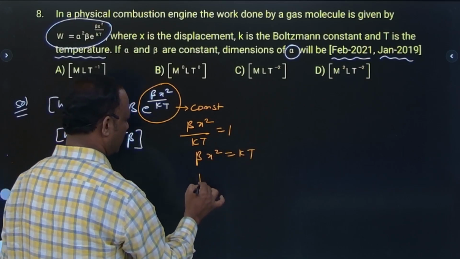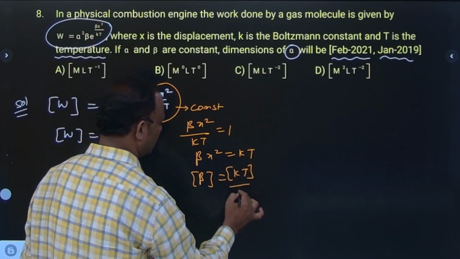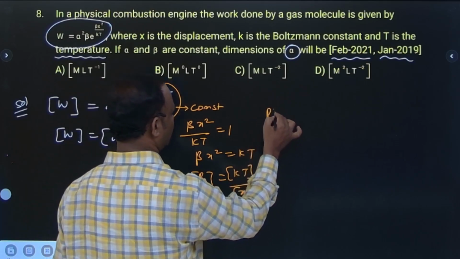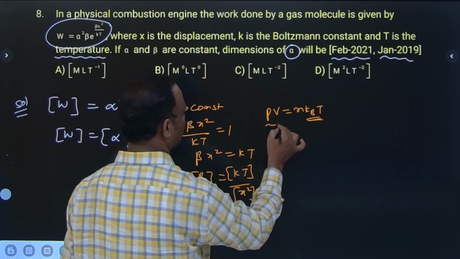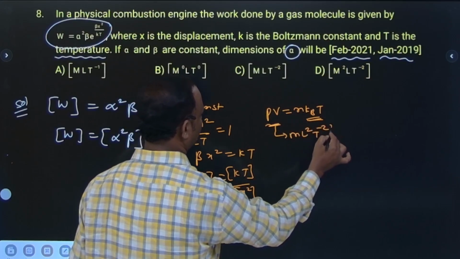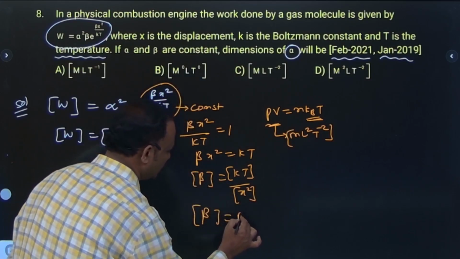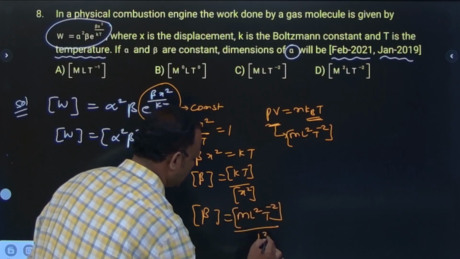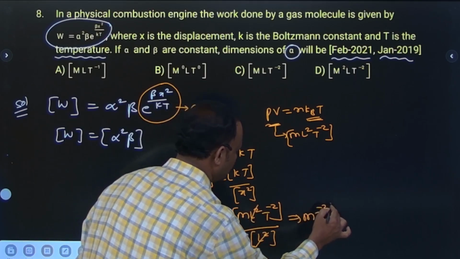So the dimension formula of beta is kT by the dimension formula of x square. You know PV equals n kbT, so the dimension formula of kbT is PV, which is ML square T minus 2. So beta is ML square T minus 2 by L square, the L square cancels, and the answer is MT power minus 2.